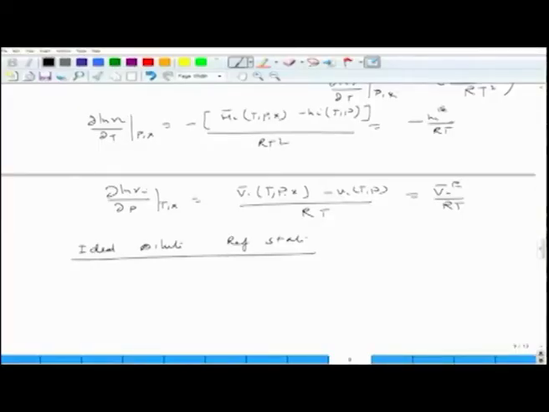So, in that case we have to worry about whether we should use the Raoult's law sense of reference state. So, in such case ideal dilute reference state can be considered.